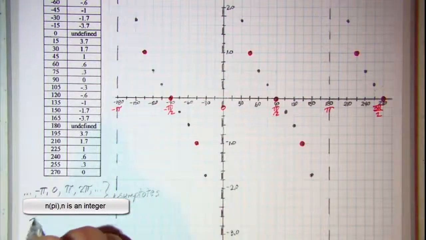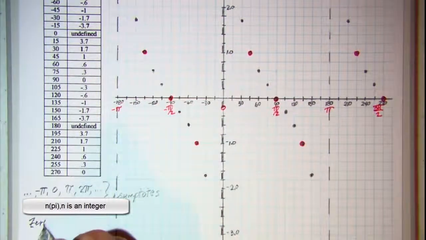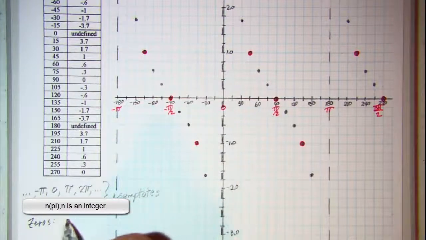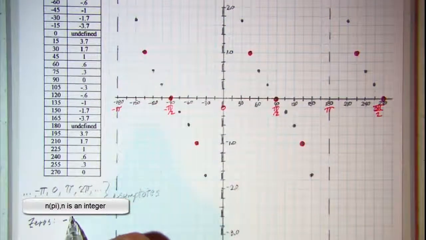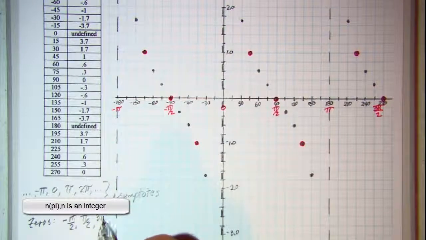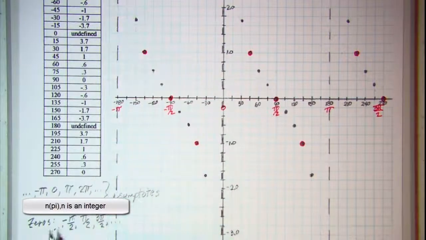So my zeros occur at odd multiples of pi over 2.